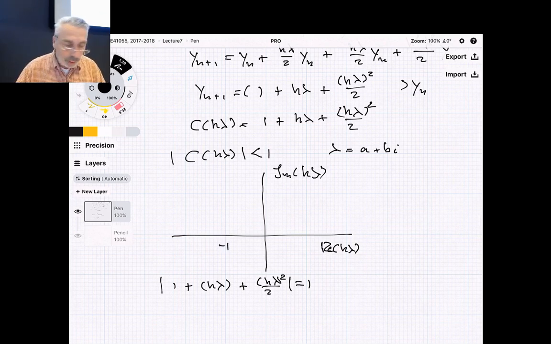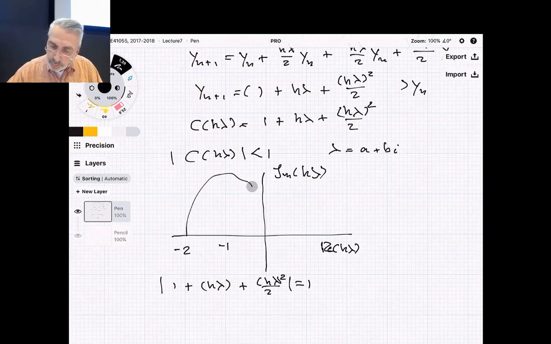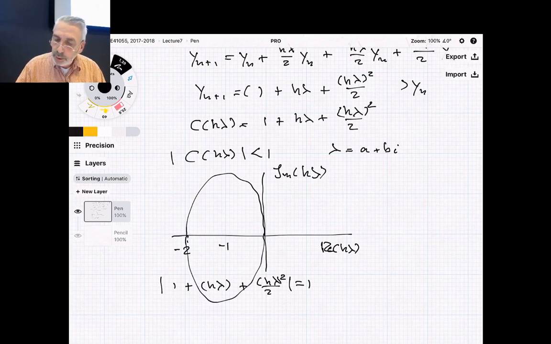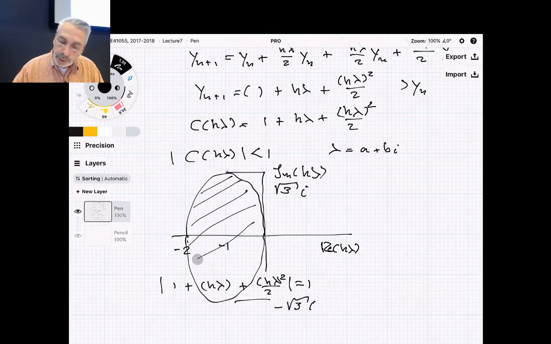So this is -1, this is -2, and we get something like this. And then, of course, it's identical at the bottom. And the top here is, I think, square root 3 i, and here the bottom is minus square root 3 i. And, of course, everything which is within this area is stable.